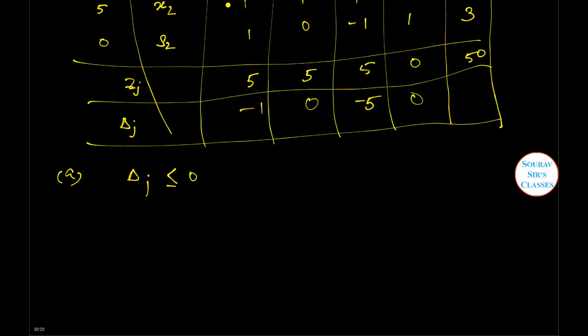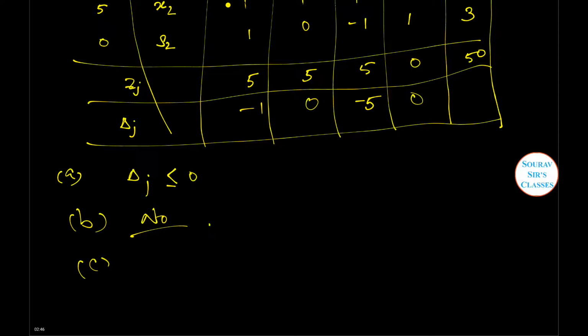And the answer to the second question is no, because for each of the non-basic variables x1 and s1, the Delta j is strictly negative. An alternate optimal solution exists when either of the non-basic variables has a 0 Delta j. Therefore, the answer to the second question is no.